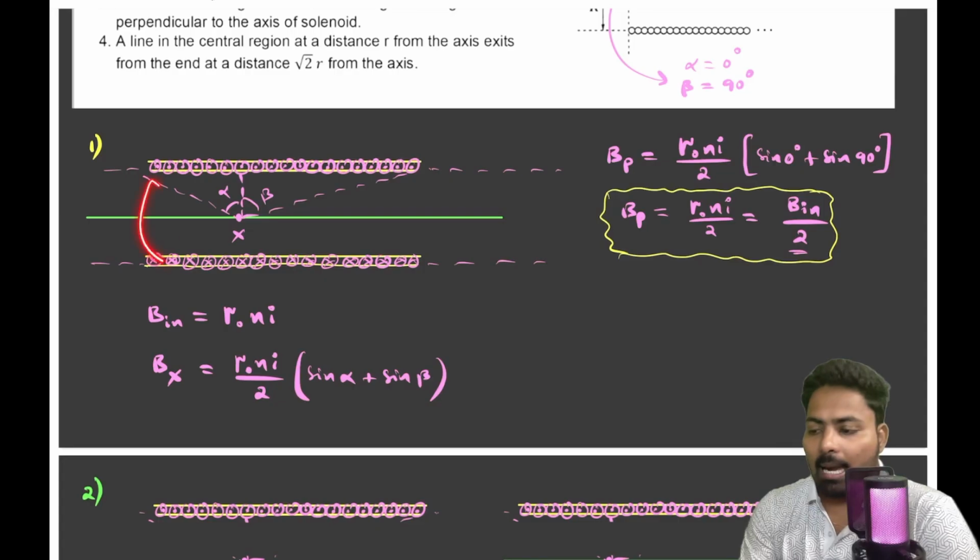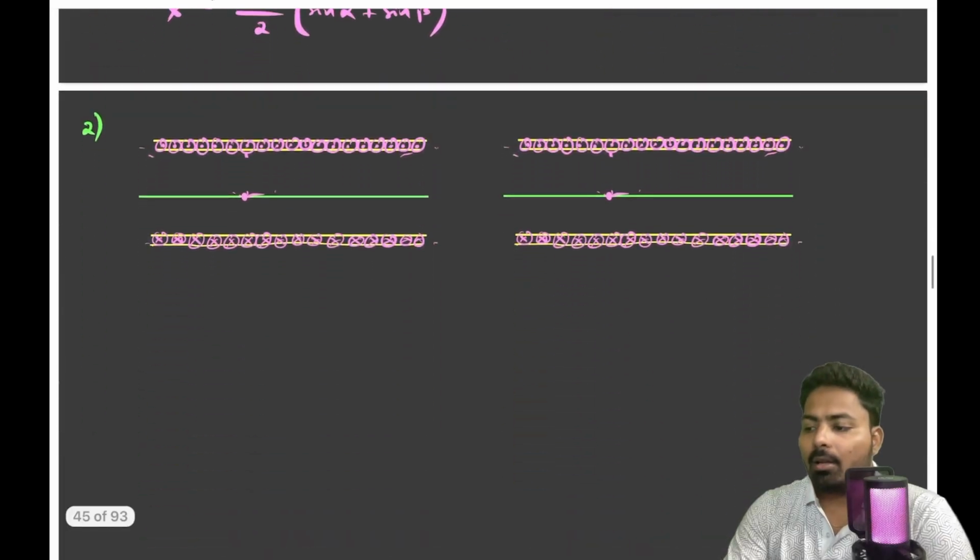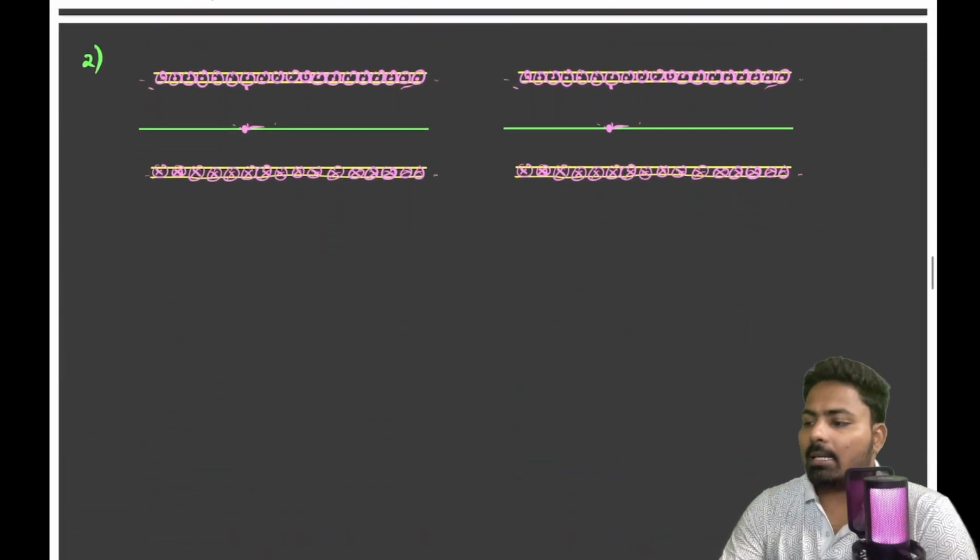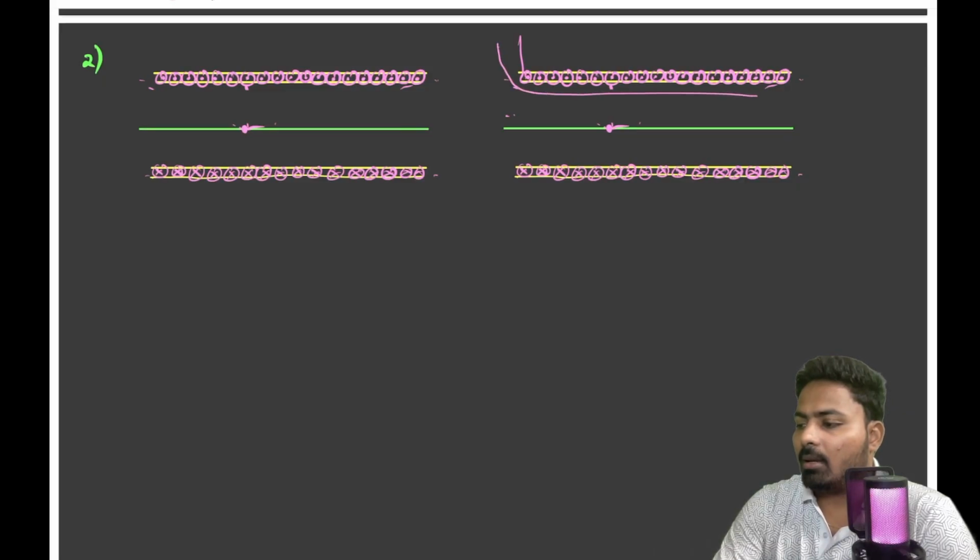But when it comes to the end of the solenoid, the magnetic field is no longer uniform, right? So the magnetic field lines will be something like this. They will no longer be straight lines at the end.